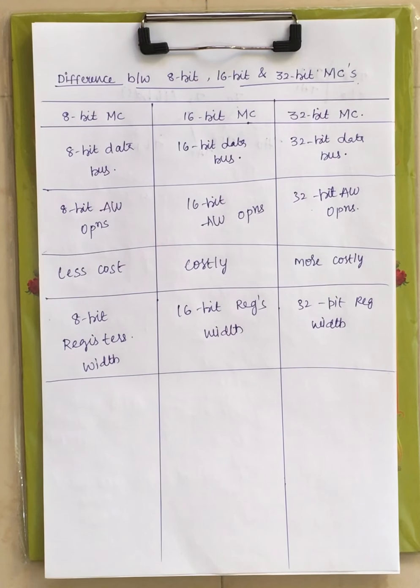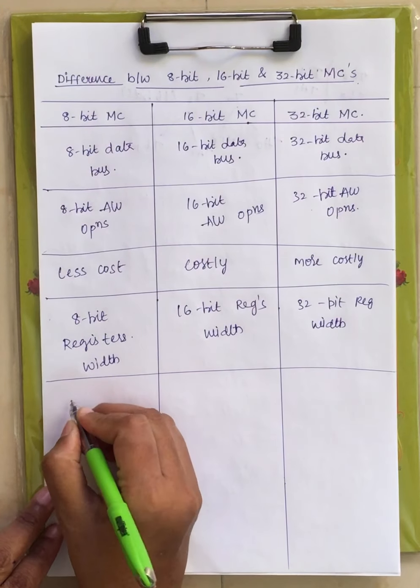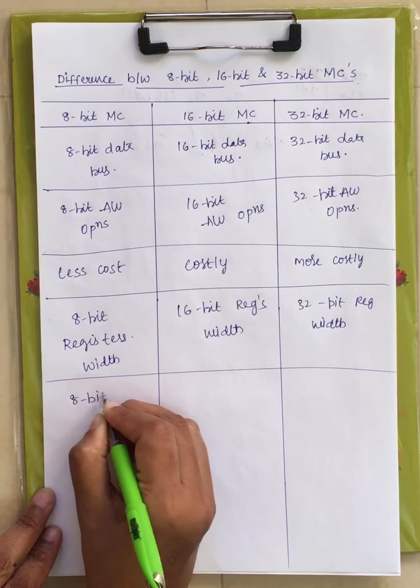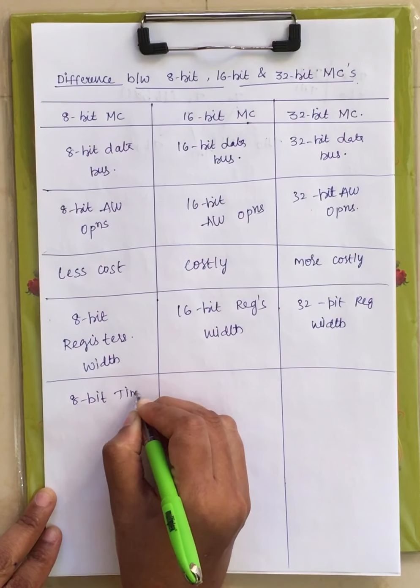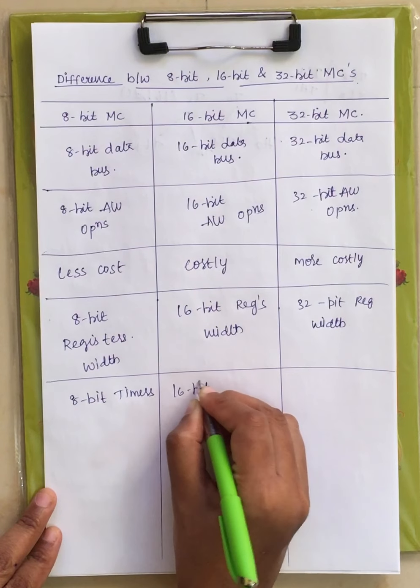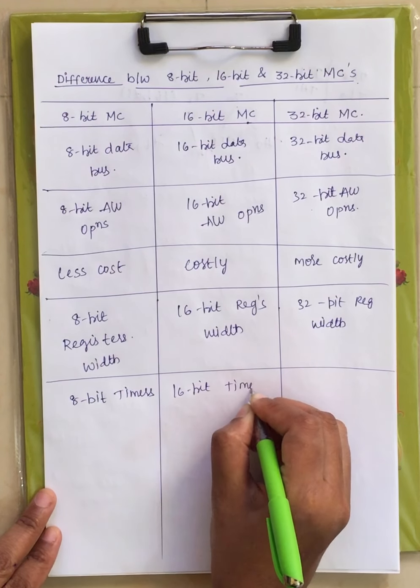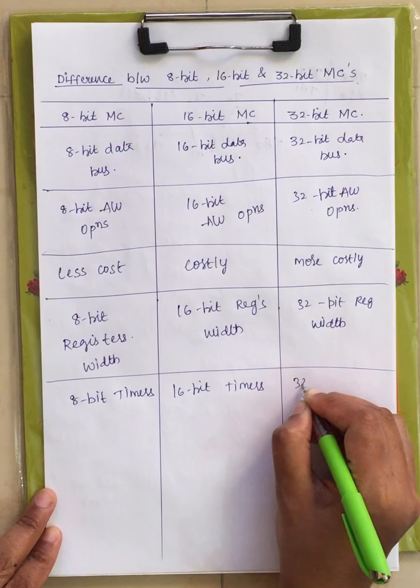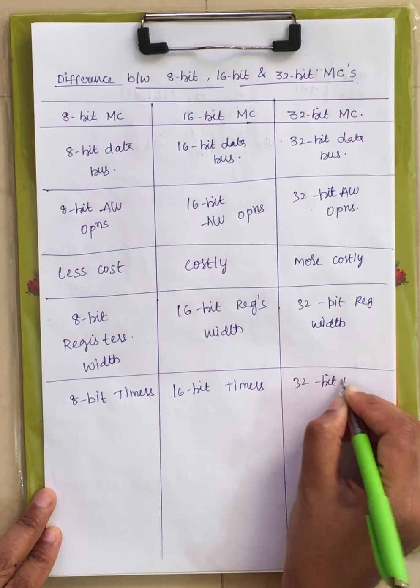Now coming to the next point of view, timers. 8-bit microcontrollers will have 8-bit timers, 16-bit timers for 16-bit microcontrollers and 32-bit timers for 32-bit microcontrollers.